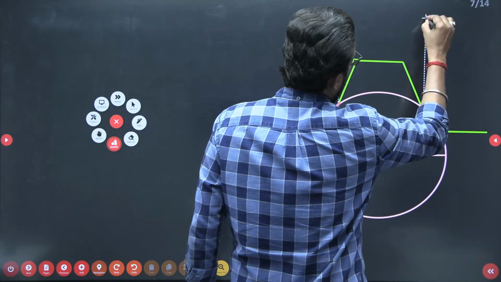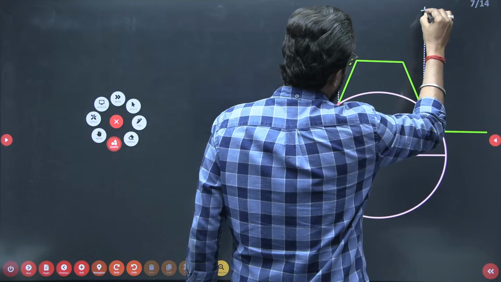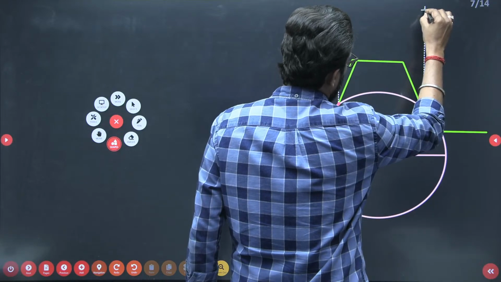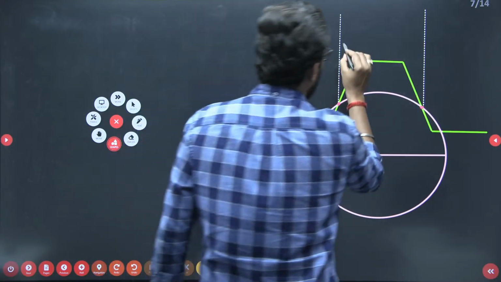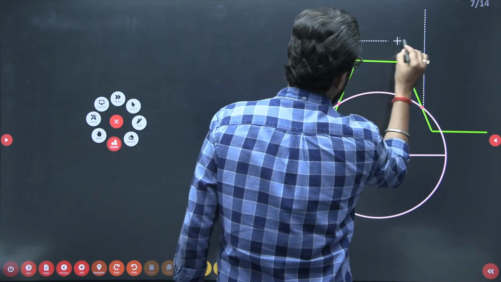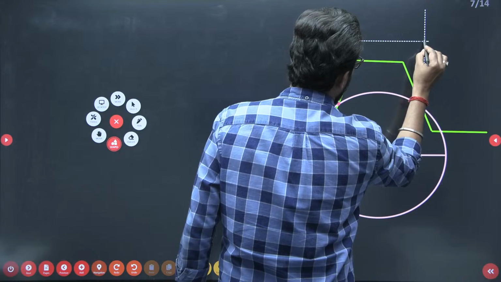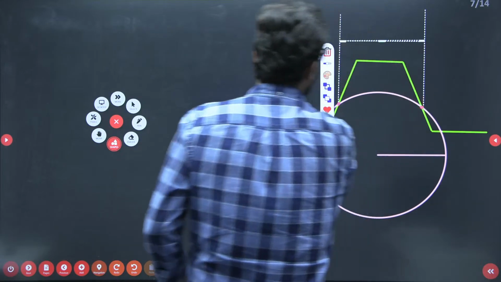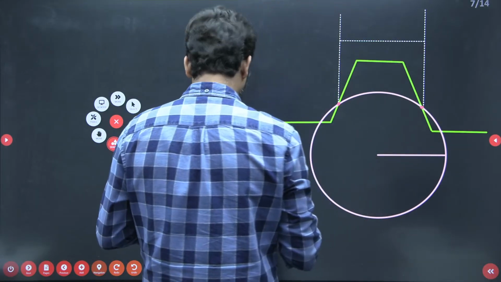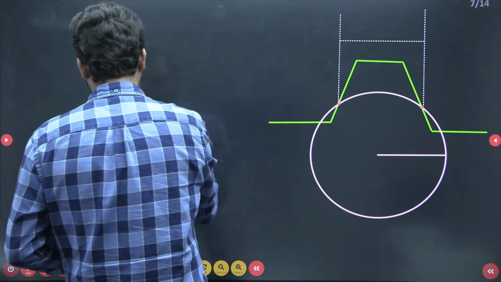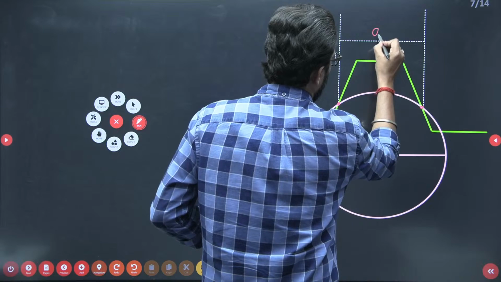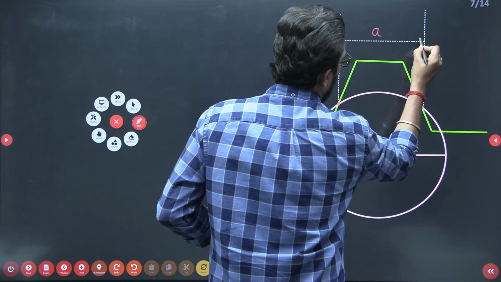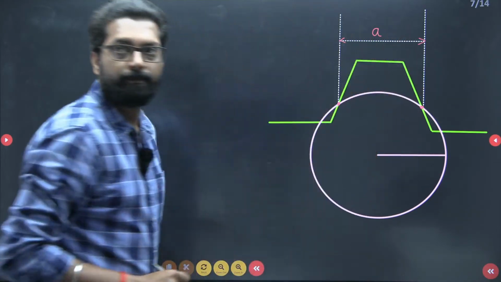This dimension is indicated. What is this dimension given? It is given as A. This is your dimension A. Clear?